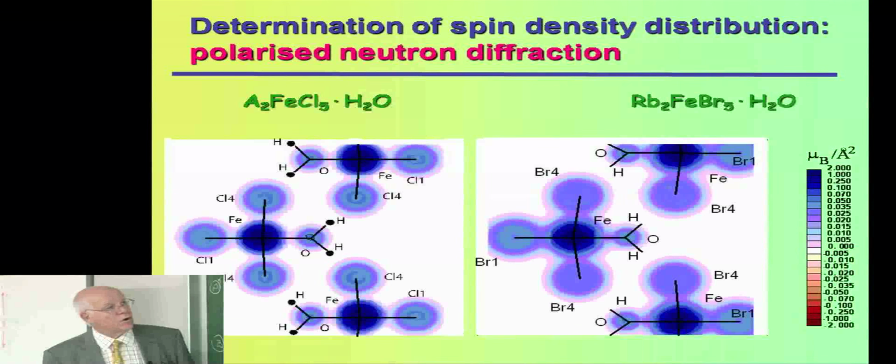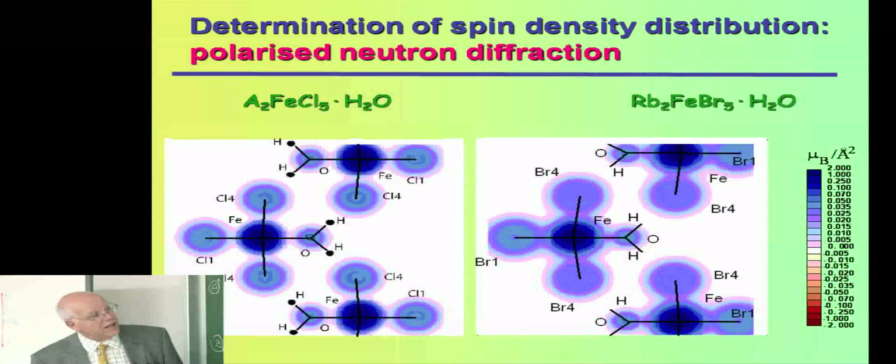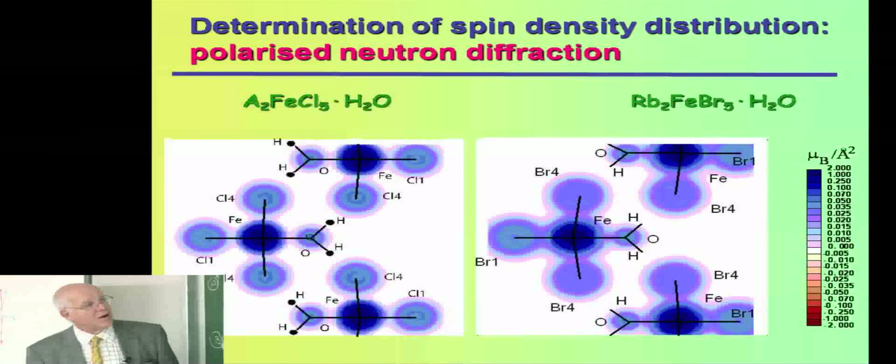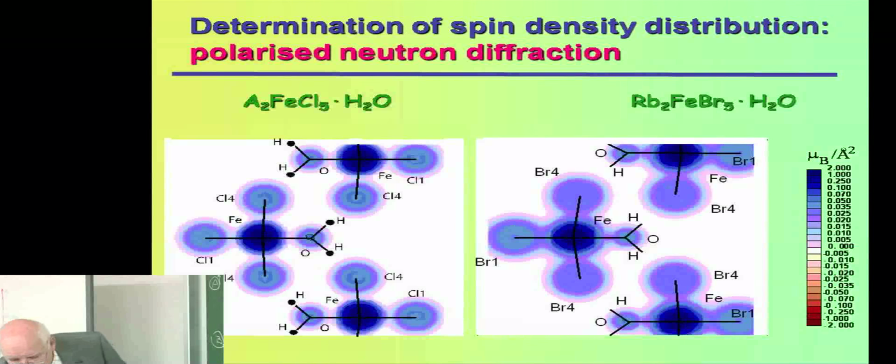And in fact, when we did this polarized neutron analysis, we found that the ligands, like here the chlorine, contain magnetic moment transferred from the magnetic ion. So some moment was transferred to the chlorine, and then the interaction was not that far away. This was slightly magnetic, so it helped us to explain.